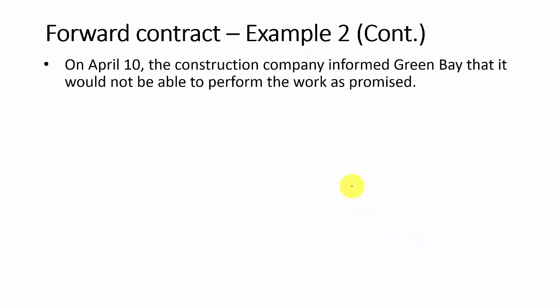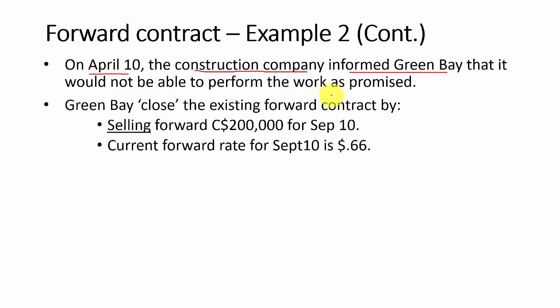Now, adding to example 2, after 1 month, which is on April 10, the Canadian construction company informed Green Bay that it would not be able to perform the work. So suddenly, Green Bay now has an open position in Canadian dollars. So it needs to close that existing forward contract.